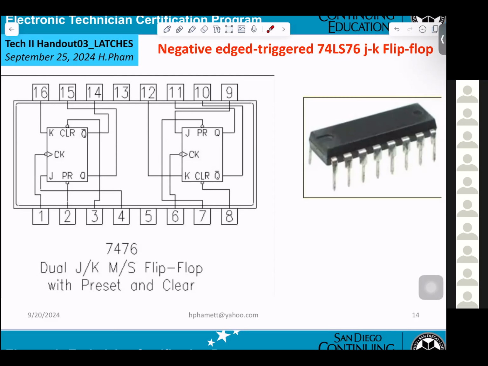However, the power will be pin 5, and the ground will be 13. That plus 5 volt, that will be ground.